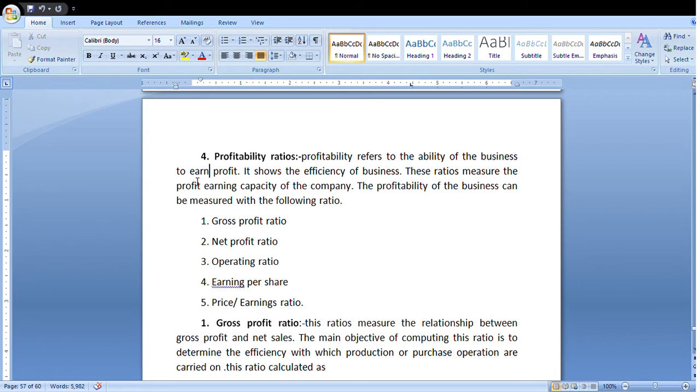These ratios are mainly used for calculating the efficiency or performance of the business. First one is gross profit ratio, net profit ratio, operating ratio, earning per share, price earning ratio. These are all profitability ratios.